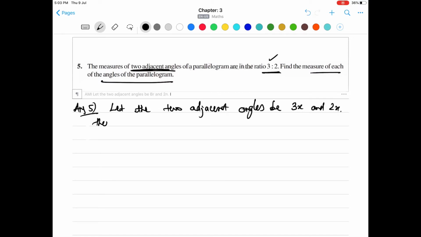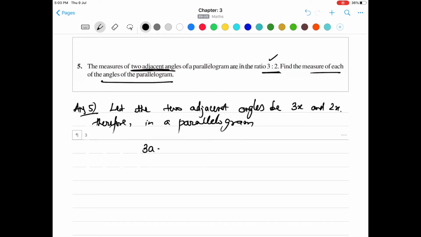Therefore in a parallelogram, 3x and 2x will be equal to 180 degrees.